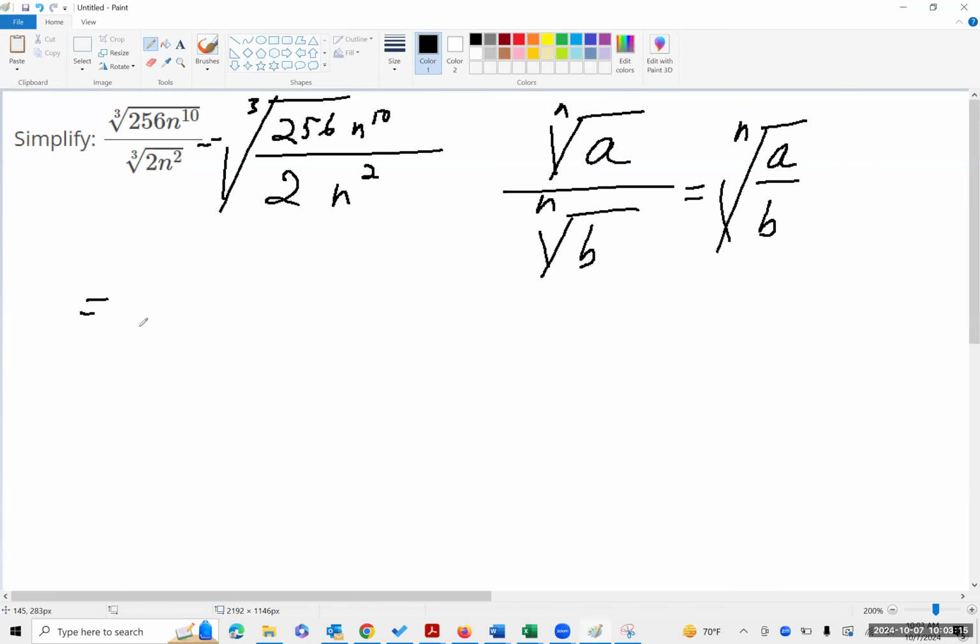So 256 divided by 2 is 128. And then n to the 10th divided by n squared is n to the 8th. So I actually can clean this up a little bit.